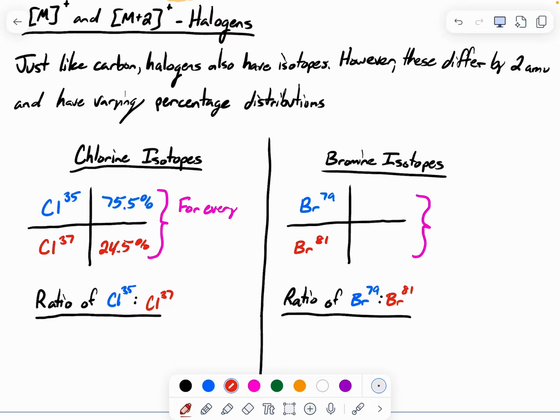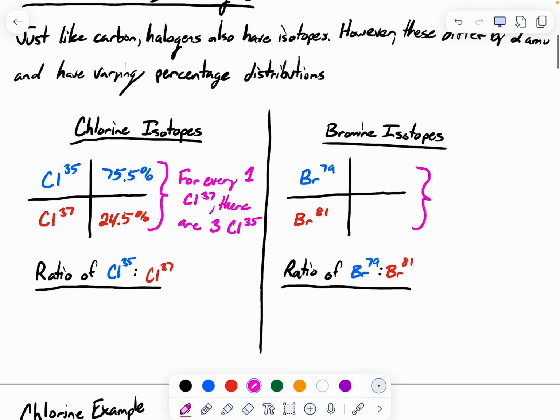So from this distribution, we can say for every 1 chlorine 37, there are 3 chlorine 35s. Right? It's like a 3-to-1 ratio. Divide 75 by 25 and you end up with about 3. That's how we're going to use this ratio throughout the class. We're going to treat it like it's an exact 75-25, because that tells us that anytime we're looking at a mass spectrum, our ratio of chlorine 35 to chlorine 37 is going to be 3-to-1.